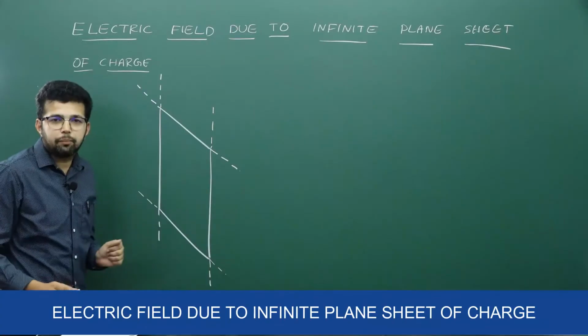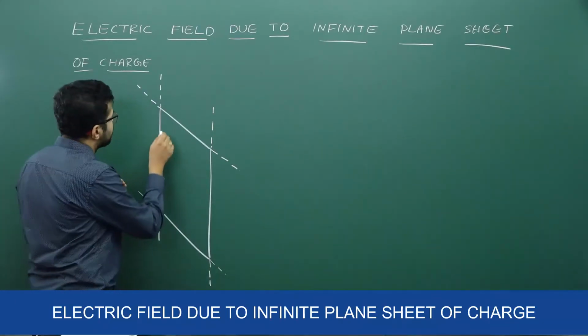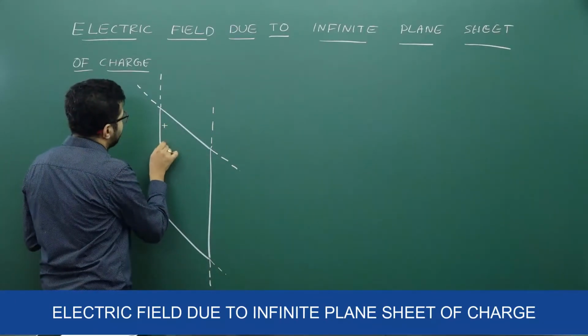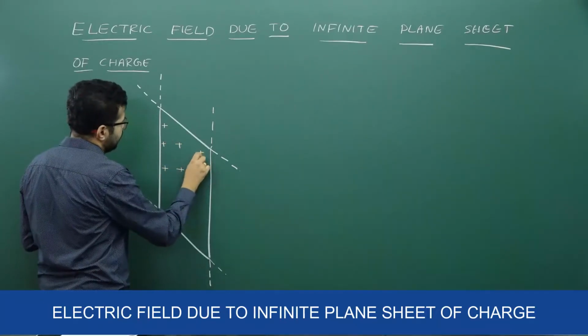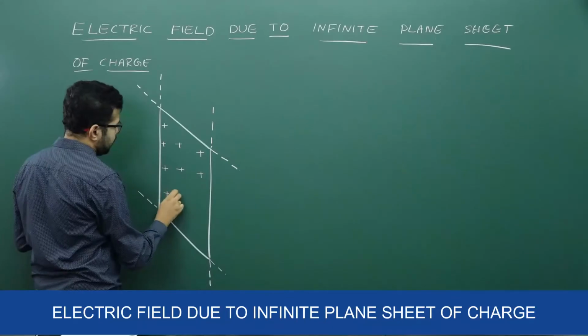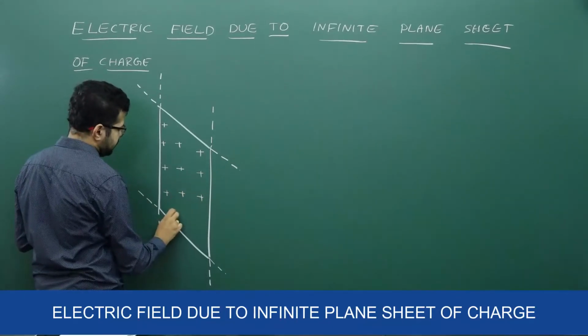Say in this infinite plane sheet of charge, positive charges are uniformly distributed all over the sheet.